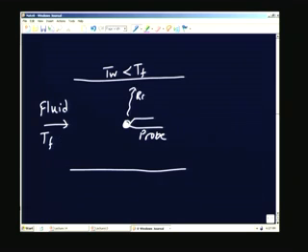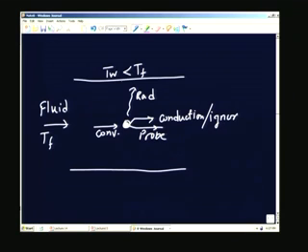Radiation loss will be there from the probe to the wall, and there will be convection from the fluid to the surface of the probe. Again you will see that there will be conduction here in general, but I ignore this, because usually the wires connecting the probe are very small in diameter, and therefore the conduction may not be very significant or important.